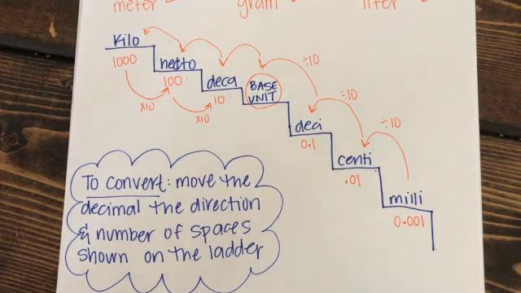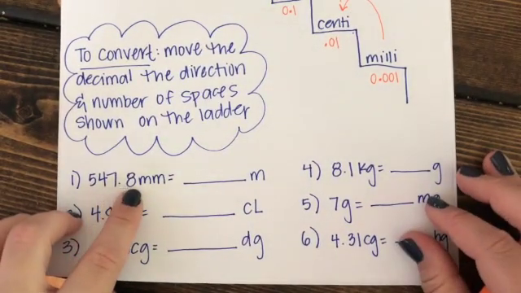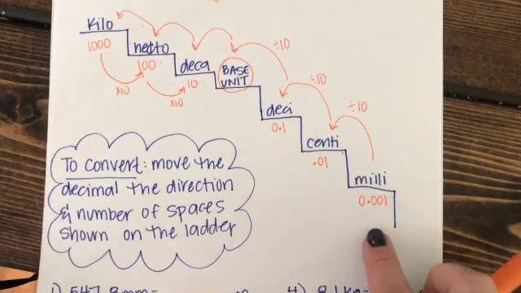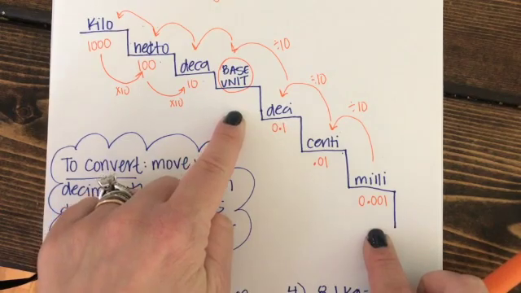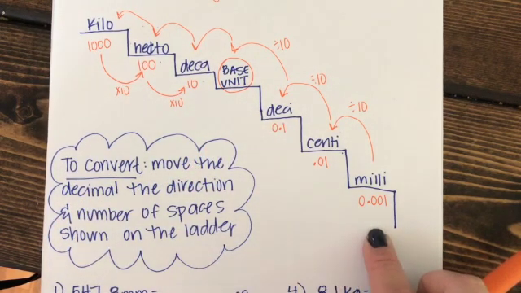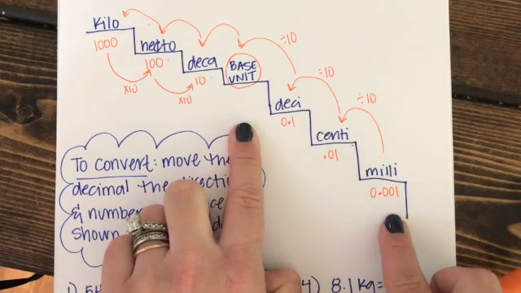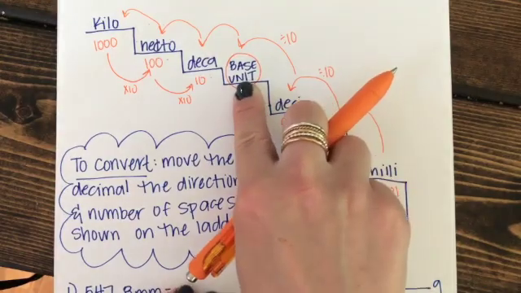Let's look at this first example. 547.8 millimeters is how many meters? So millimeters to meters. Am I going up my ladder or down? I'm going from millimeters to meters, so I'm going up 1, 2, 3 steps.